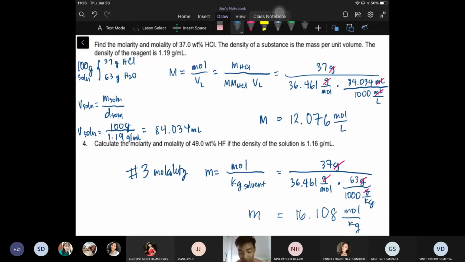Wala pa sa molality. Okay, so for molality, sino pwede?